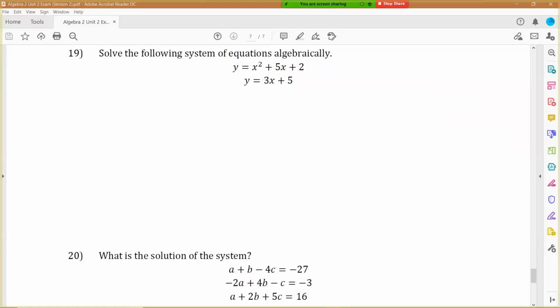We can just cut out Michelle in the middle. So really, we know that this box must equal this box since they both equal y. So we could have that x squared plus 5x plus 2 equals 3x plus 5. So first step, we're going to set these two equations equal to each other.